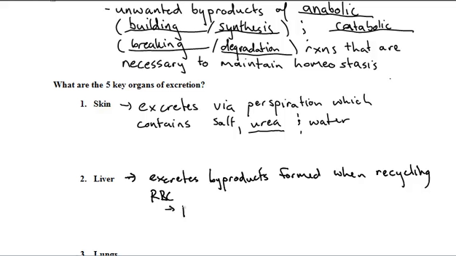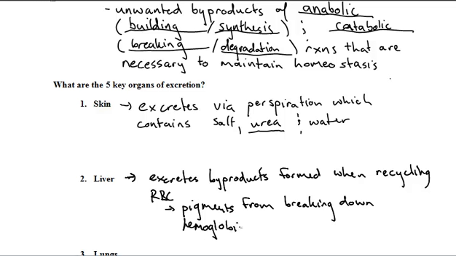Such as the pigment from breaking down hemoglobin, and these pigments turn bile green and urine yellow.